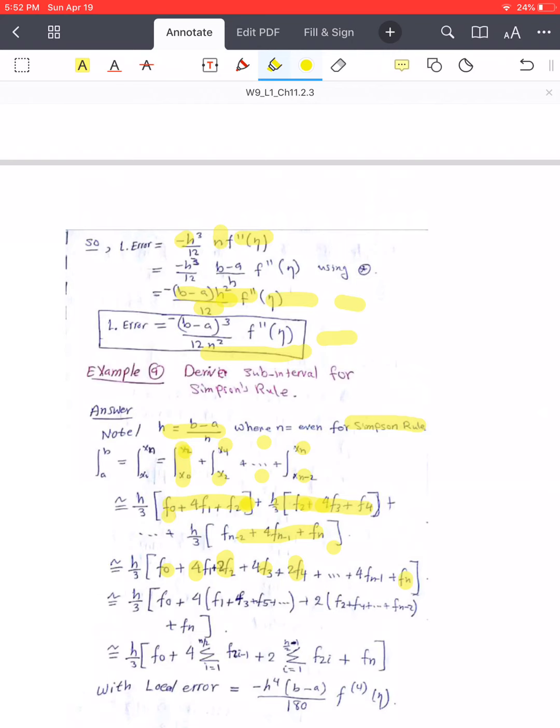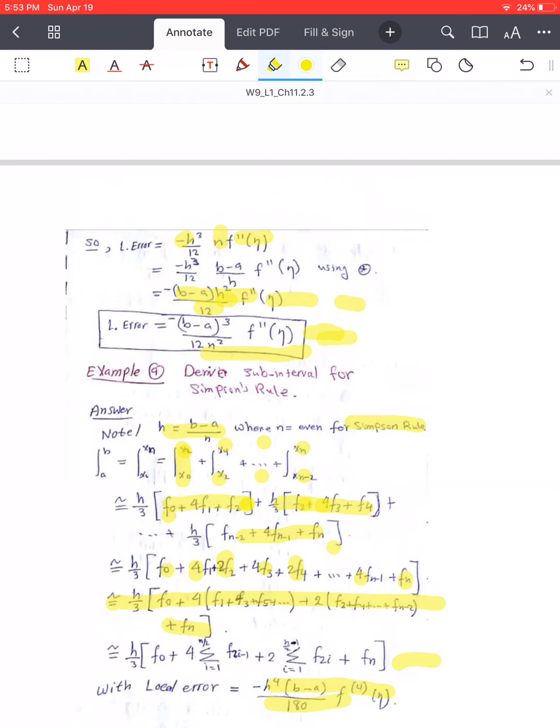All of this can be written like this: odd indices multiplied by 4, even indices multiplied by 2, and don't forget to add the first and last terms. All can be written in summation notation. And for the error, if you substitute b minus a divided by n as h, here is the answer.